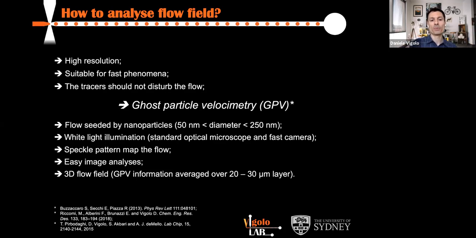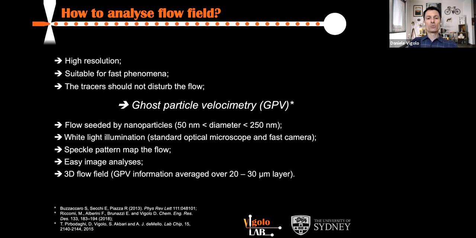By doing this, we have an easy way to extract quantitative information, and so flow patterns, from our measurement, but we can also do three-dimensional velocimetry analysis, and we can essentially have information about every 20 microns within the channel, which is crucial for our investigation.